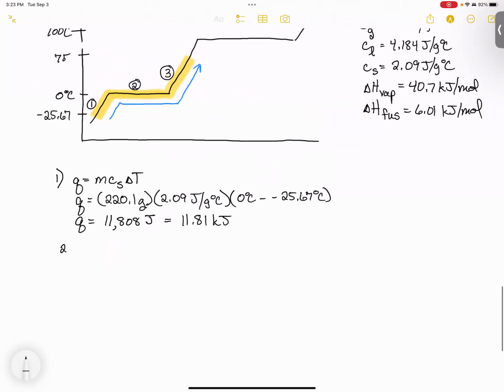Section 2. Our Q is equal to n times ΔH, in this case, ΔH of fusion. Before we can get to this, we need the moles. So we're going to convert our grams of water into moles of water using the molar mass of water.